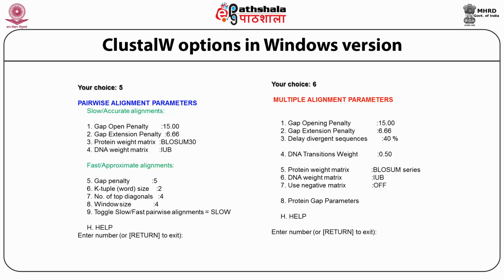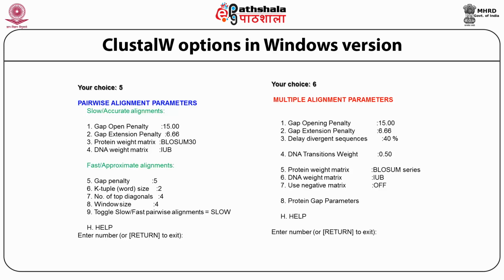So you want to do a pairwise sequence alignment with a slow accurate alignment method, where you have chosen a gap penalty of 15, gap extension of 6.3, and protein weight matrix as BLOSUM 30, and DNA weight matrix as IUB. So these are the options which you have chosen, which can be modified also. You can increase the gap penalty, you can extend the gap penalty. All these options can be modified.